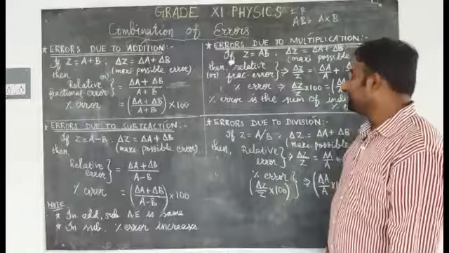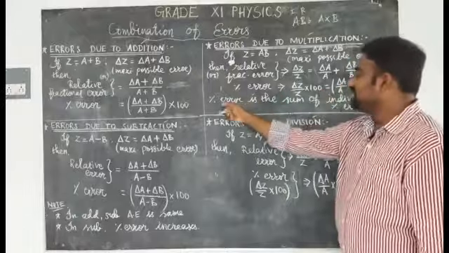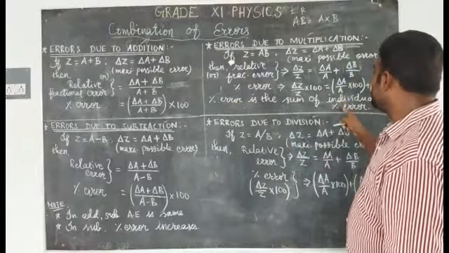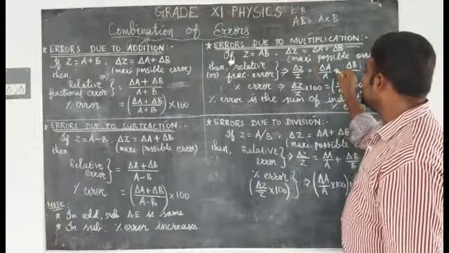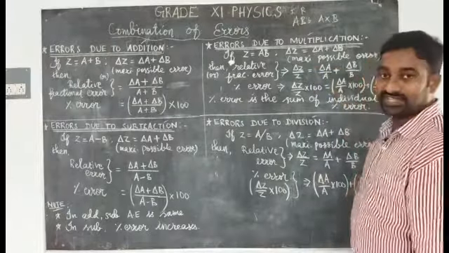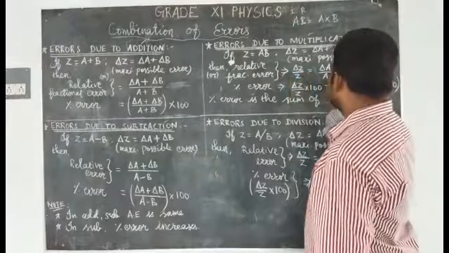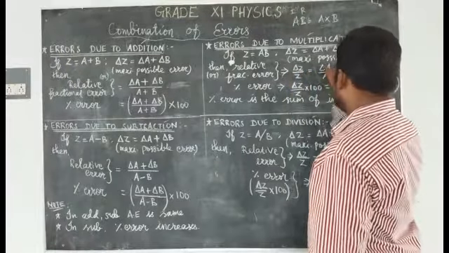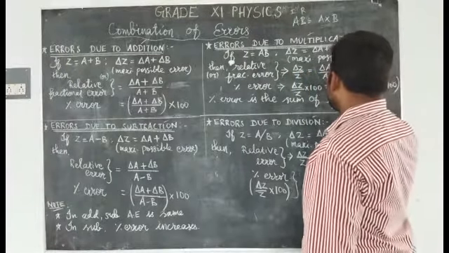Percentage error. Okay? Then they mention that the percentage error is the sum of the individual percentage errors. The percentage error is the sum of the individual delta A by A and likewise delta B by B, the individual percentage errors.